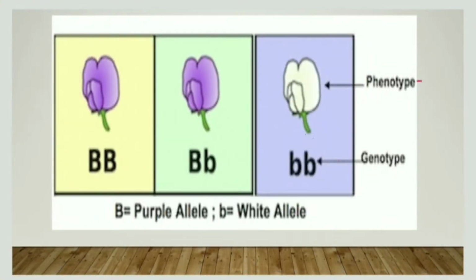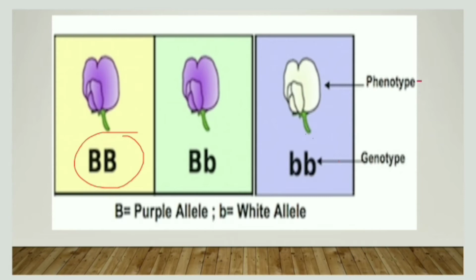So let's take an example and explain what genotype is. Let's take flower color as an example. Flower color is due to a particular gene, and this gene has two alleles. You can see here, there are two alleles responsible for flower color.